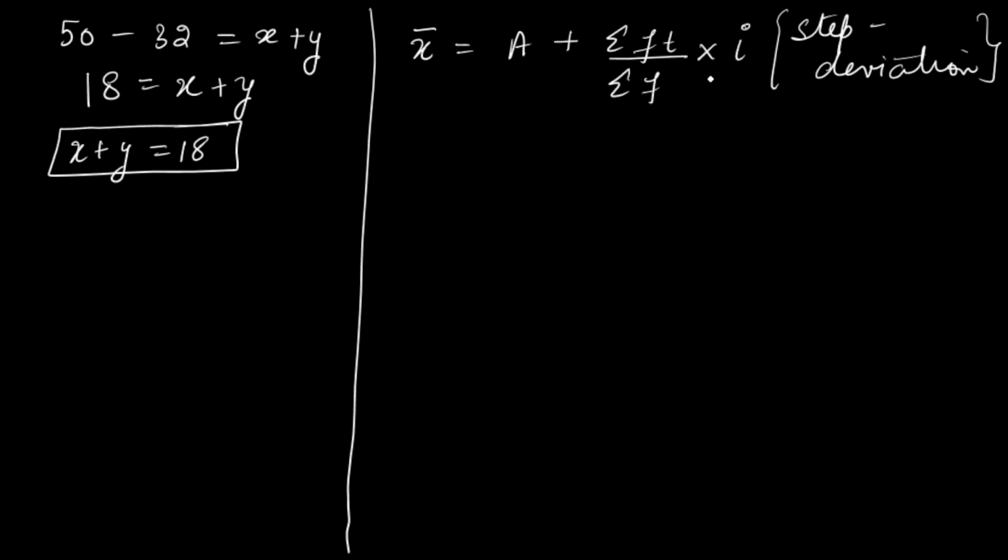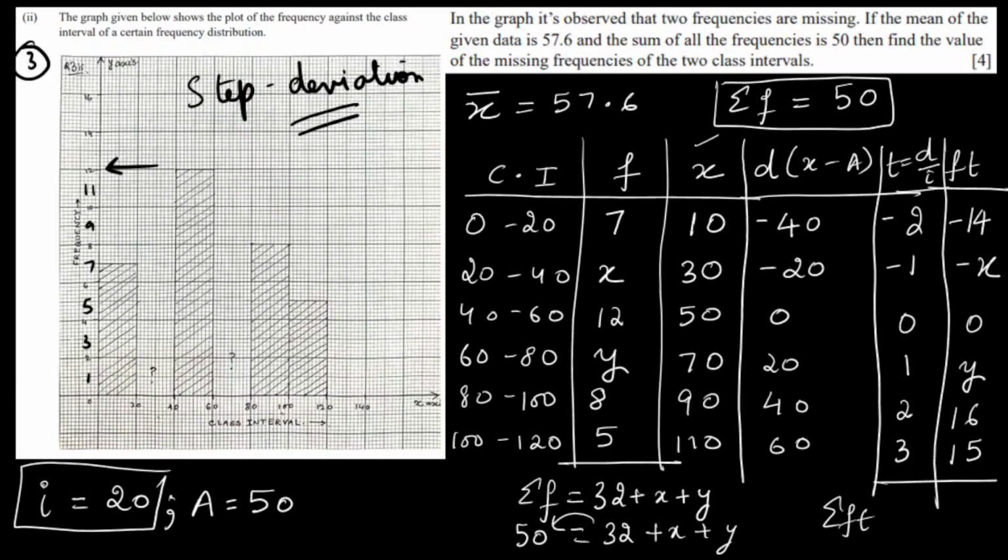So we know x bar. Now sigma ft we have to find. So what is the value of sigma ft? This will be in terms of x and y. 14 minus x plus 31.